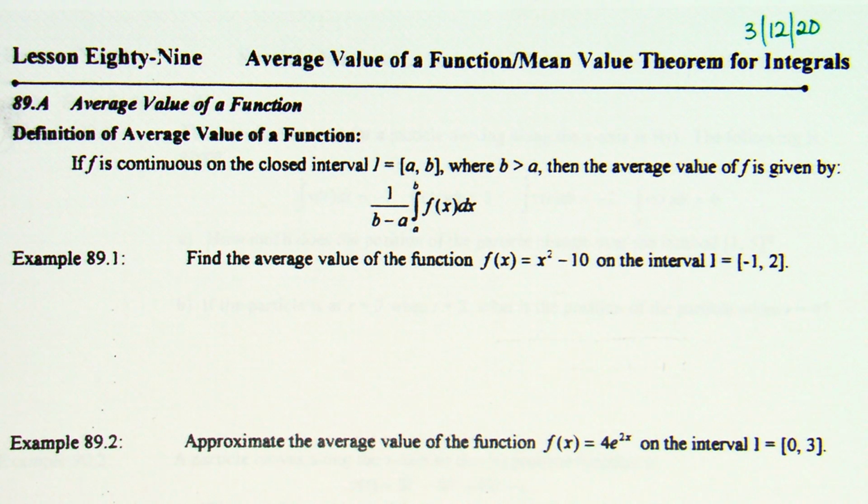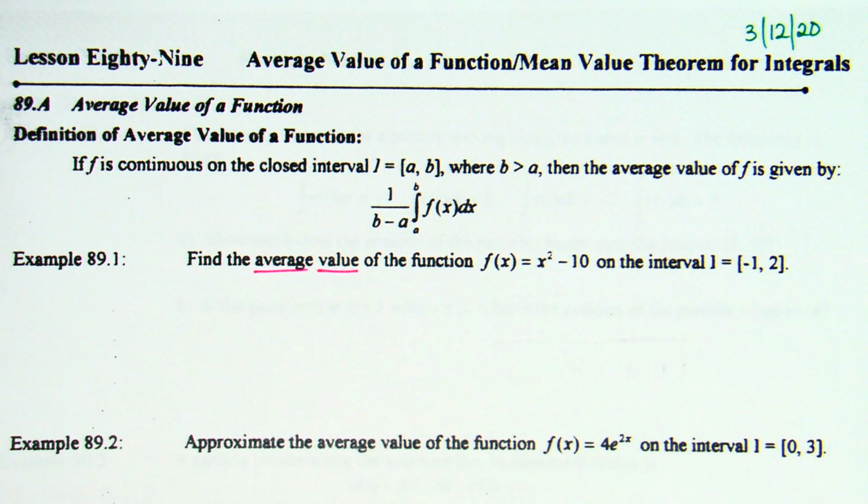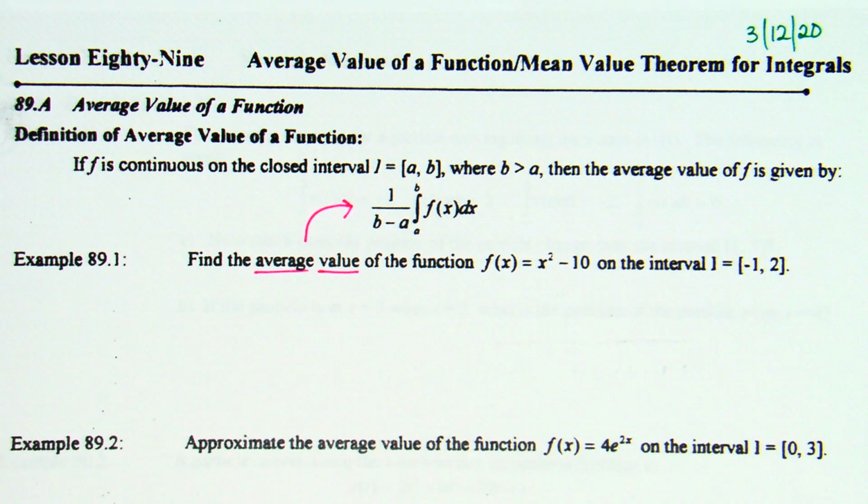So as we look at example 1, notice what it says right off the bat. Find the average value, so that means we're going to be using this guy right there. Find the average value of the function f of x equals x squared minus 10 on the interval I, which is defined as negative 1 to 2.